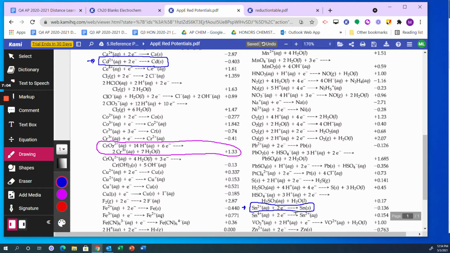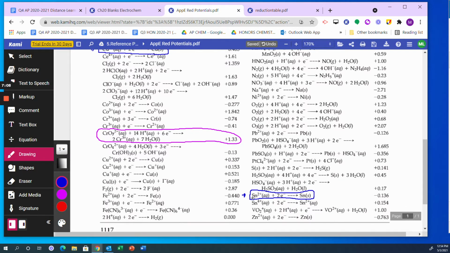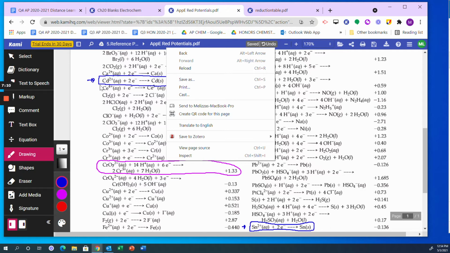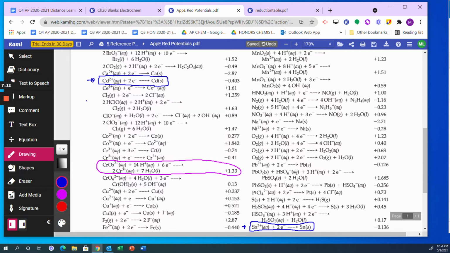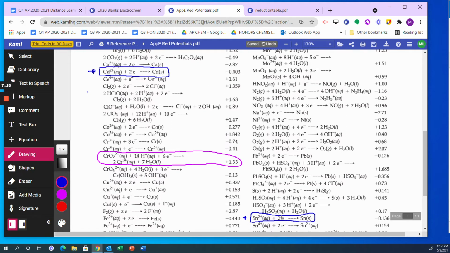So noticing the numbers, who wants the electron more, Sn2+ or Cd2+? Okay, so this is -0.403, so it doesn't want the electron at all. But the Sn2+ doesn't want the electron either, right? But this one is a lower negative number.